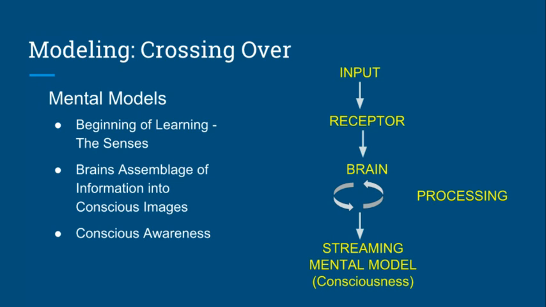You're processing it and you're going over and over it again, and you're listening for words so that you can eventually say to yourself, oh, I understand what a streaming mental model is and how it's connected and assembled to form conscious images. And then you say to yourself, oh, that's what it is. That's that conscious awareness. And that's how modeling crosses over from something that's physical to something that is mental.